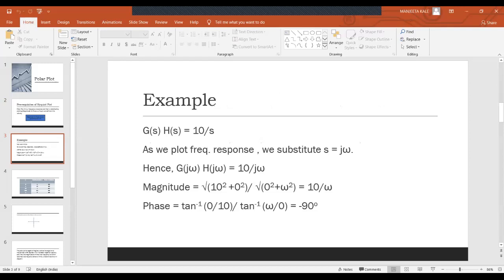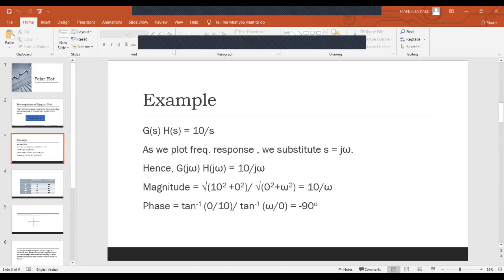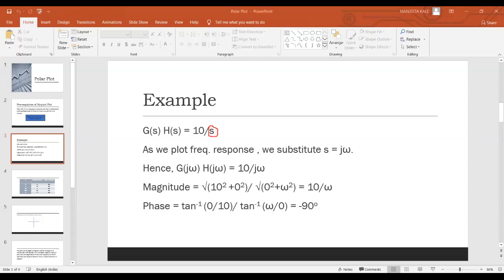Okay, so let us look at the example. This is the standard example of a polar plot. G(s)H(s), the open loop transfer function, is given as 10 by s. Now, as we are plotting frequency response, we are only interested in the frequency part of this s. Basically, s has two parts, real and imaginary, so s can be written as sigma plus j omega.